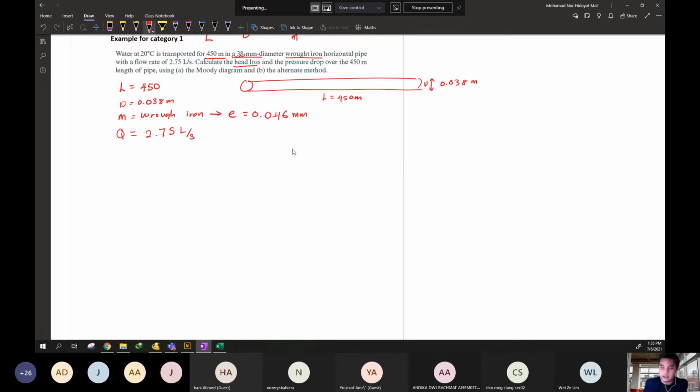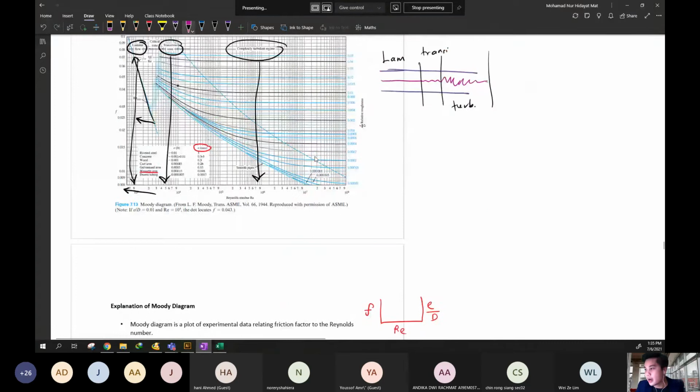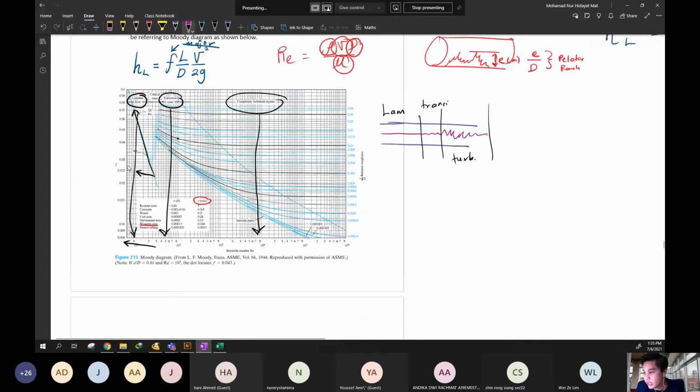So for the first question, we need to find the friction factor. We start with the Moody diagram. So how to find the friction factor? In order to get the value of the friction factor, what do we need to know? Anyone?